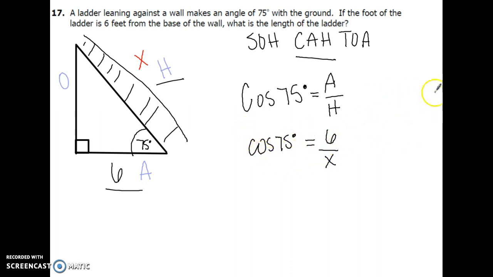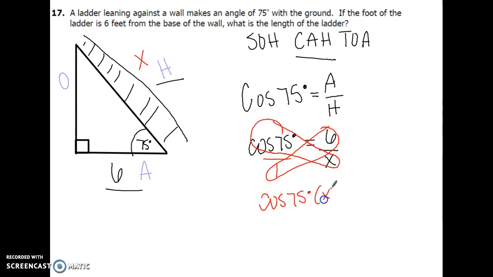So I'm going to turn that into a ratio by putting this over 1, and we will say 6 times 1 is 6, and then cosine of 75 times x. So this becomes cosine of 75 degrees times x, and we set that equal to 6, because 6 times 1 is just 6. From here on, all we have to do is divide by the cosine of 75 on both sides, and that is going to cancel.